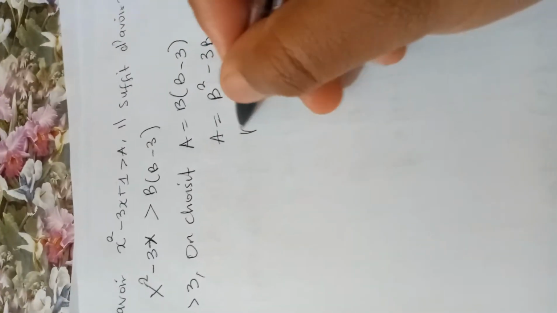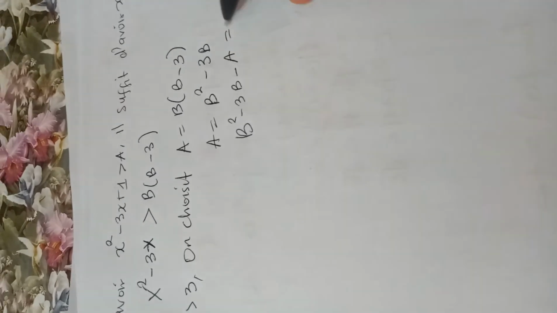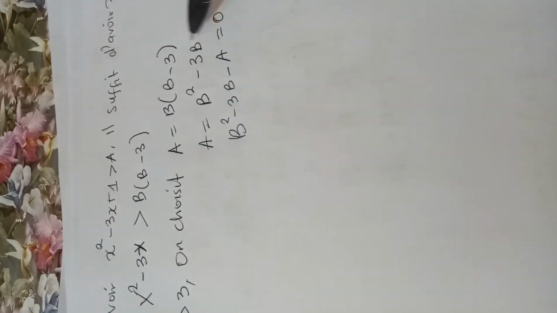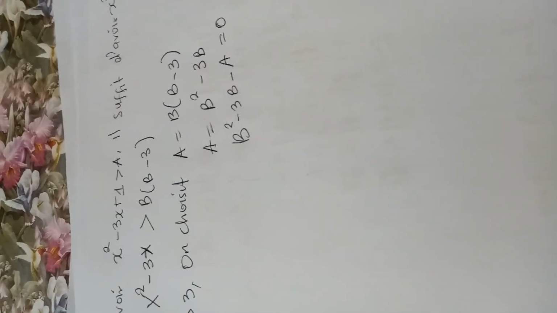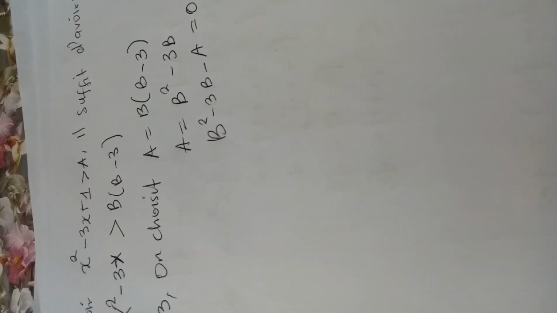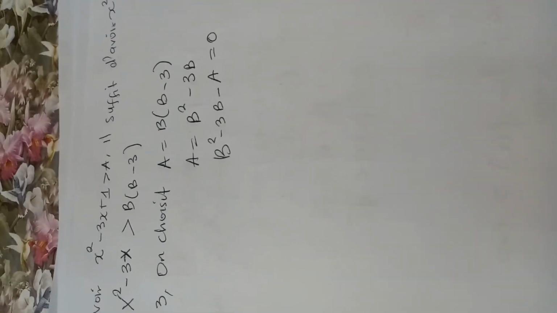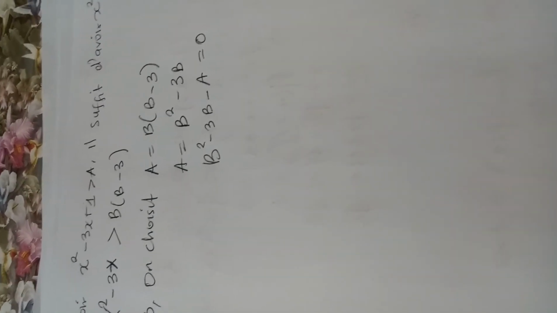So we're going to have b squared minus 3b minus a equal to 0. That's why I brought my a here and then it became equal to 0. And you might be surprised that, wow, this is a different thing from what we are used to. Like, how did this come in? But yes, when you try out more exercises, you probably might get used to it, which is what I am hoping for.